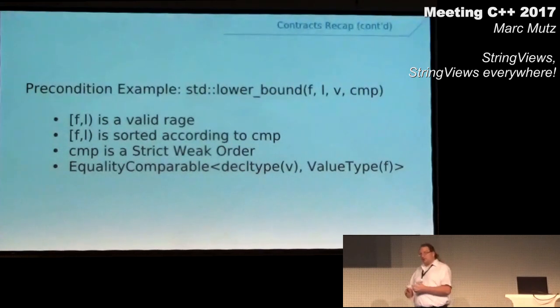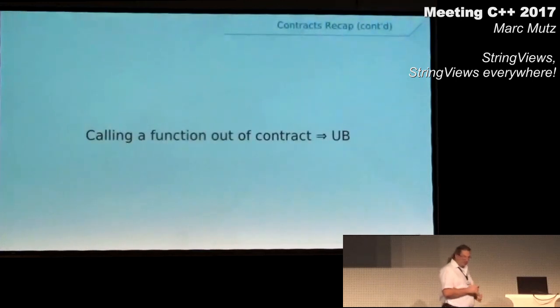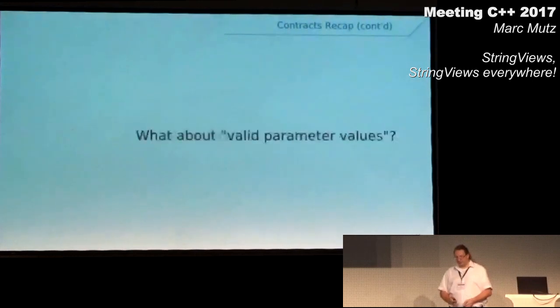So we have seen that lower bound has three preconditions. None of them we can check. But there are still preconditions. And it's still undefined behavior to call this function out of contract. And calling a function out of contract, as I said, is undefined behavior.